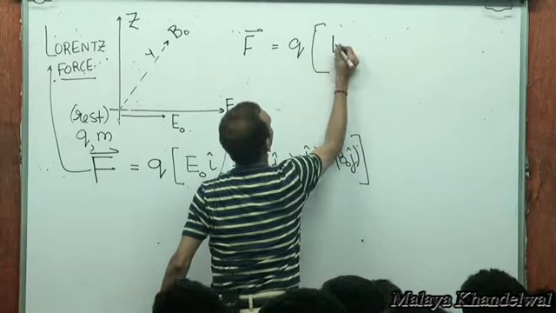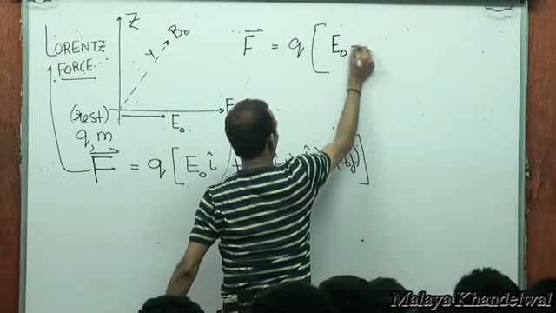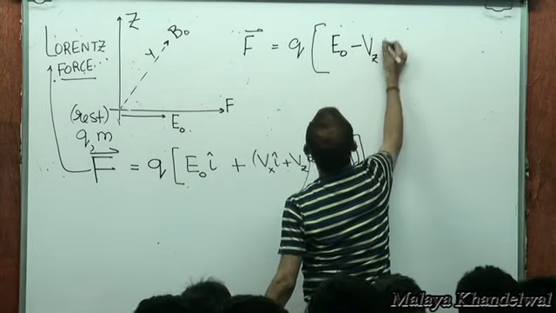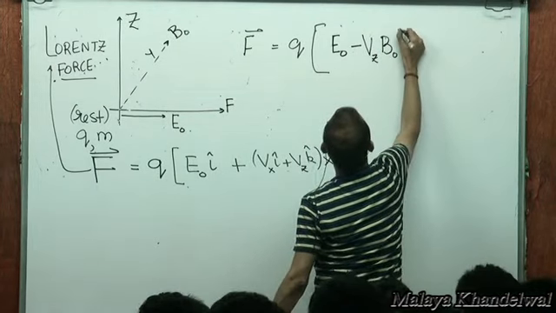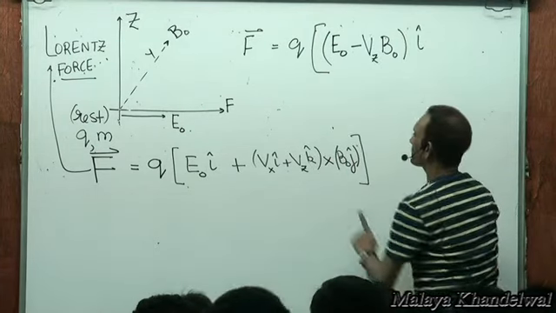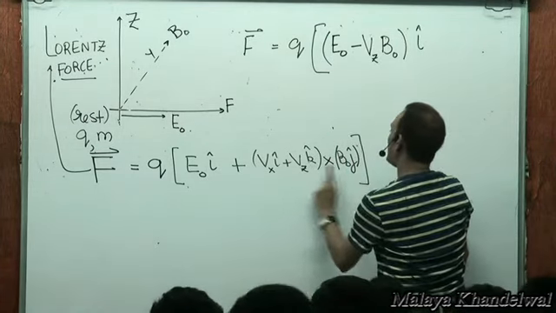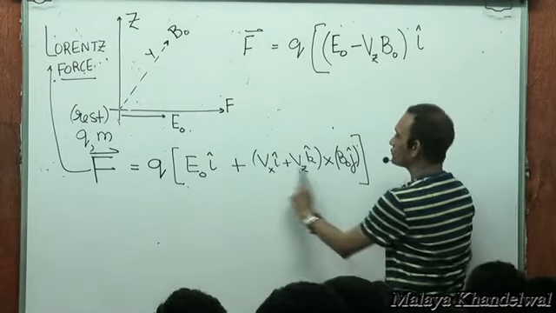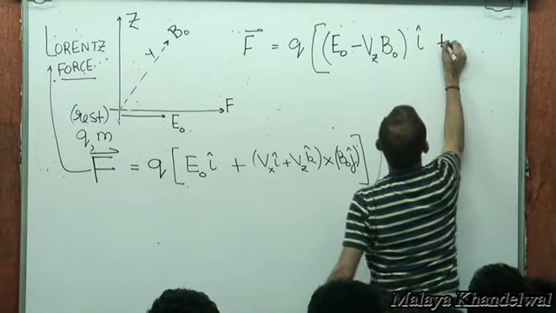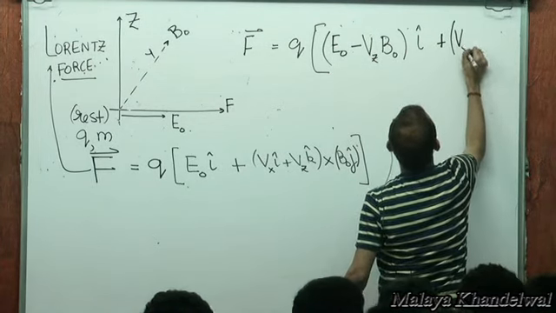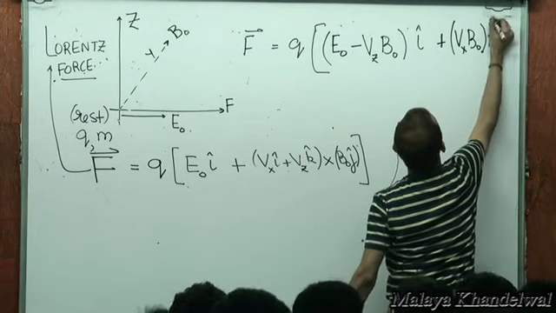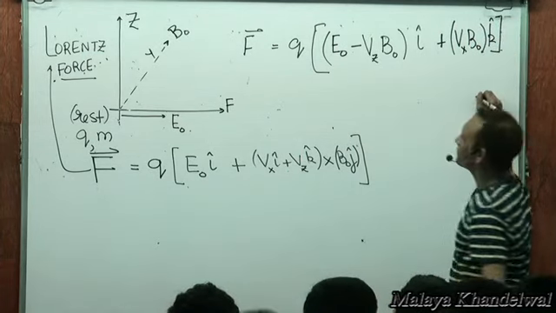So E naught minus Vz B naught I cap, plus I cross J is K, so Vx B naught K. Yes or no?